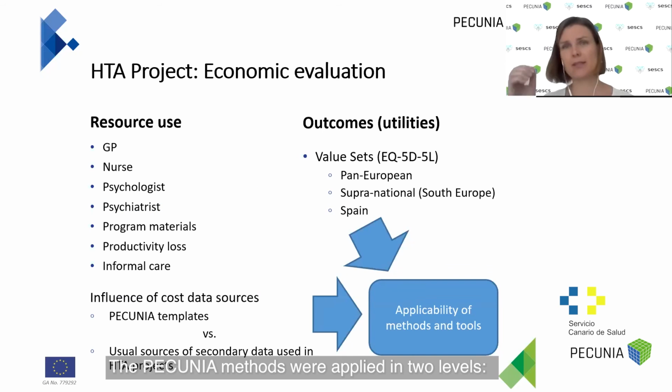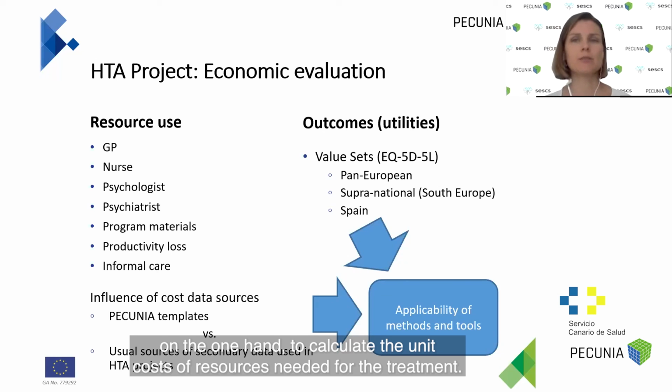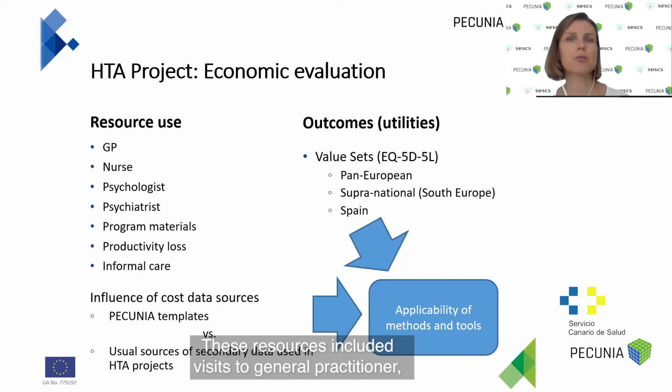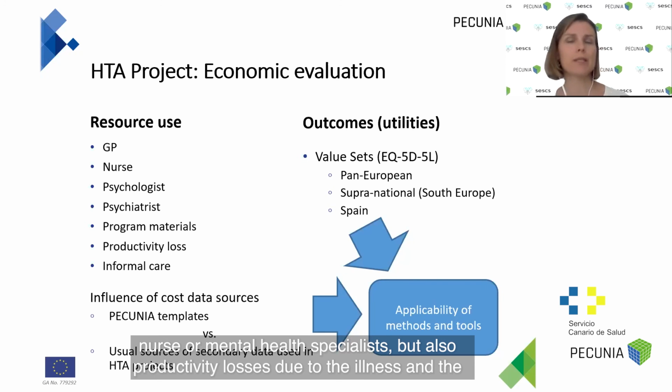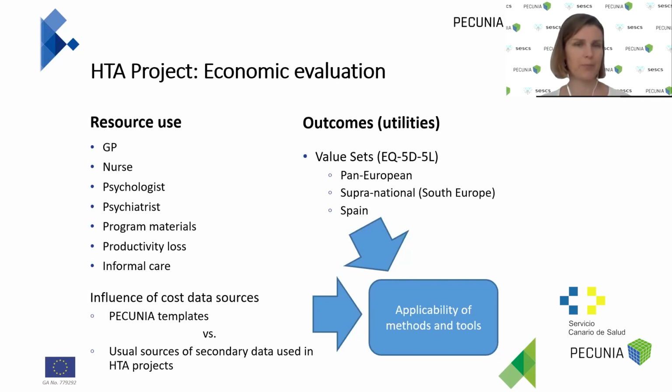The PECUNIA methods were applied at 2 levels. On the one hand, to calculate the unit costs of resources needed for the treatment. These resources included visits to a general practitioner, nurse, or mental health specialist, but also productivity losses due to the illness, and the time spent in caring for the patient by a non-paid caregiver, such as a family member, for example.